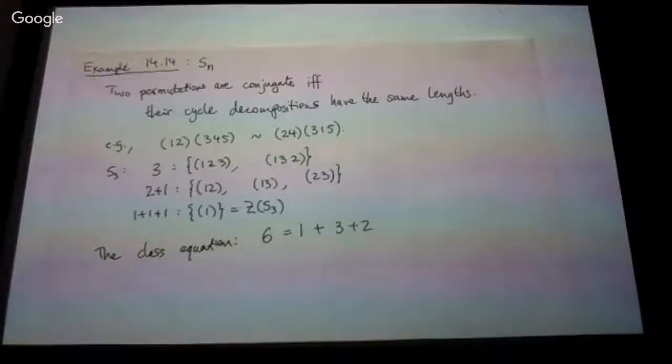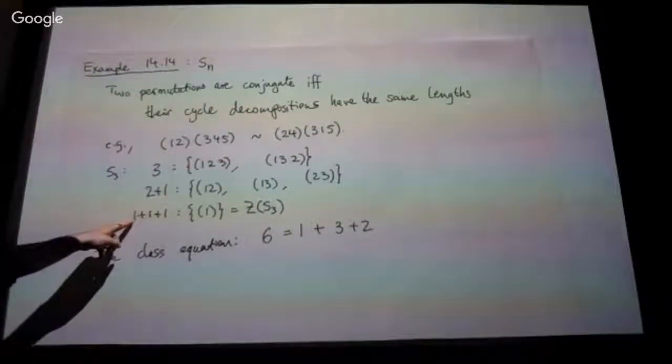Tomorrow, what we're going to do is theorems 14.15 and 14.16, basically. They are just some consequences of the class equation. The first one is that if you have a group of prime power order, then the center is non-trivial. So it can't be just 1. But this is not prime power order.